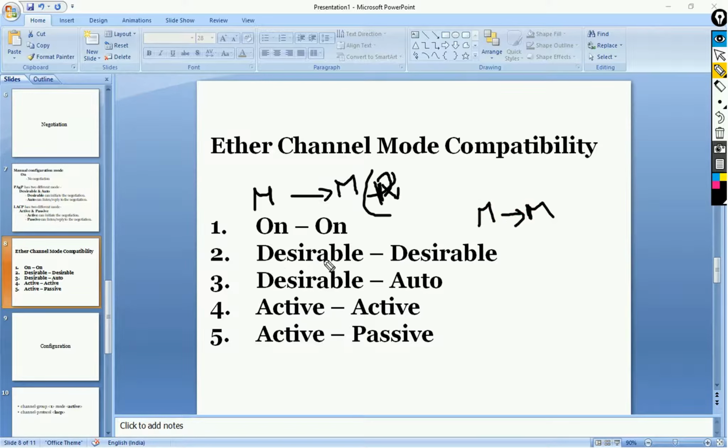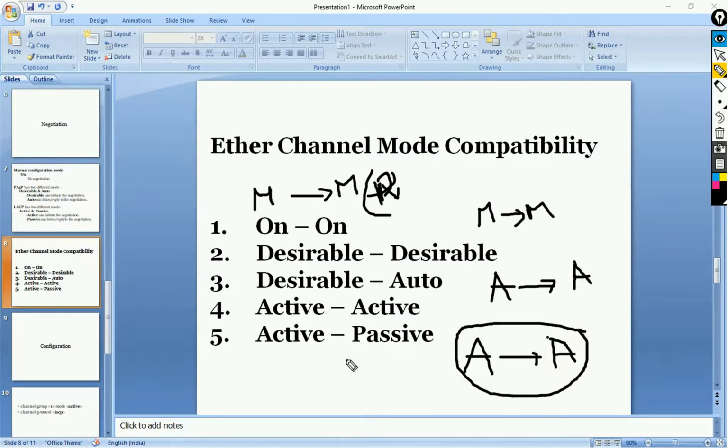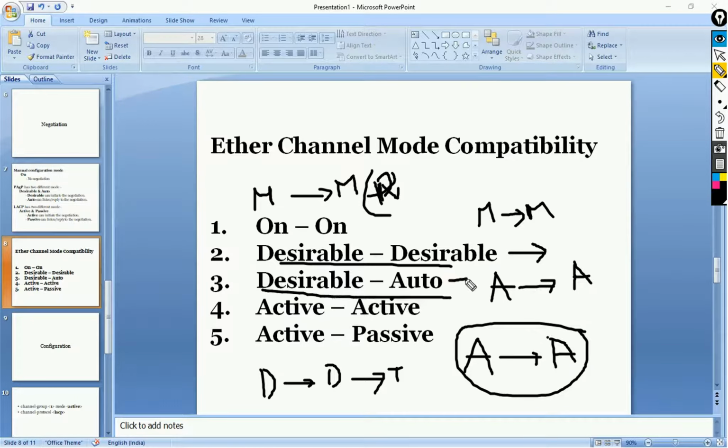And the second one is desirable and auto. Auto will never match, just think like that. When we were doing trunking and access, auto meant access mode, just like dynamic desirable meant trunking. Here also desirable will be a compatible mode, and desirable with auto, just like in DTP, will also make a compatible mode.